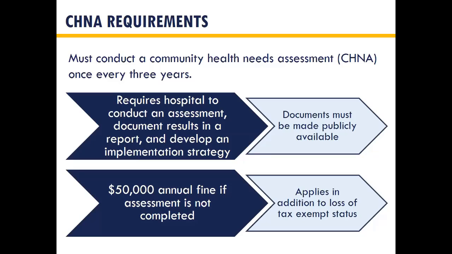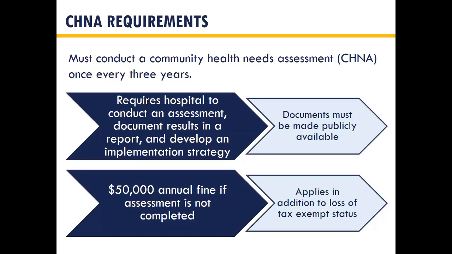And probably the biggest component of this that I always want organizations to remember is that there is a $50,000 per year annual fine if the assessment is not completed. So the big stick that the IRS has with respect to 501R is that they could revoke an organization's tax-exempt status if you're not complying with 501R.